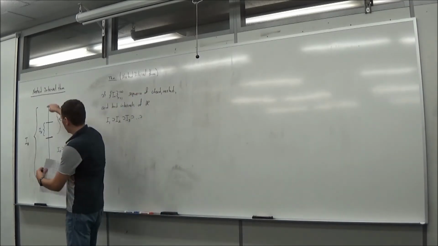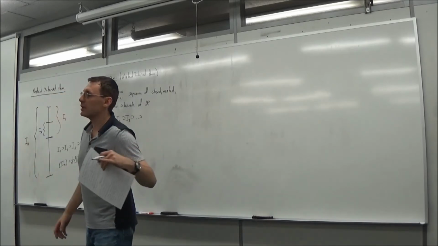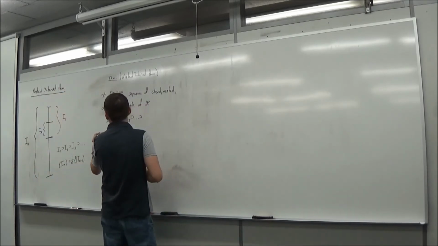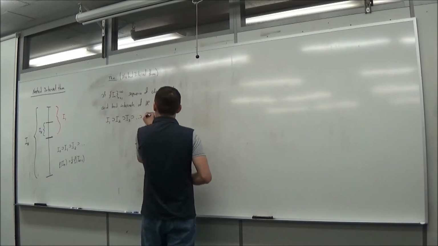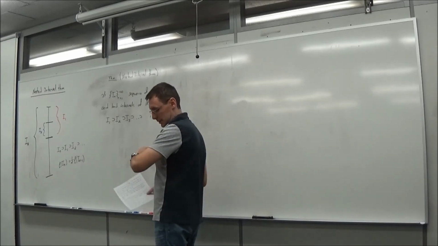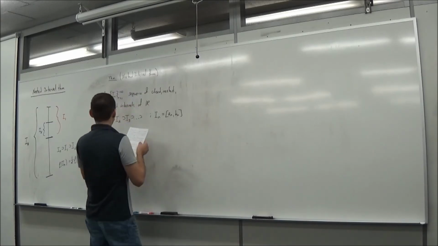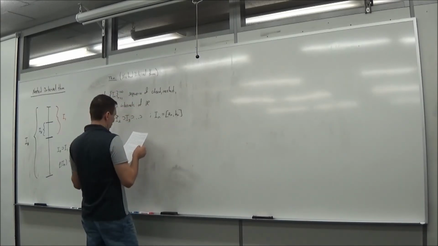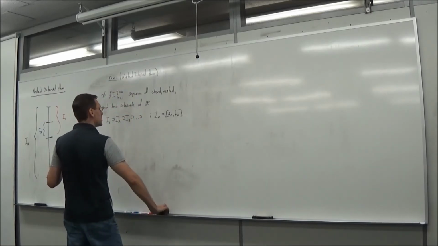Closed and bounded is like in this picture. So it's from a, including a, to b, including b. Okay? So each I_n is some interval from a_n to b_n. Yes? So that's I_n.